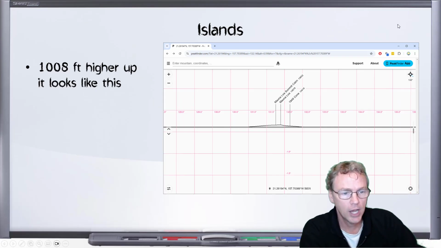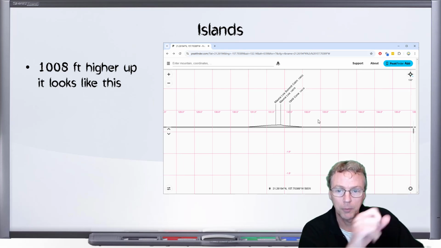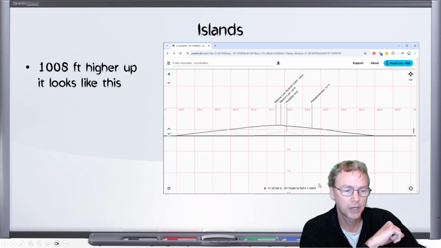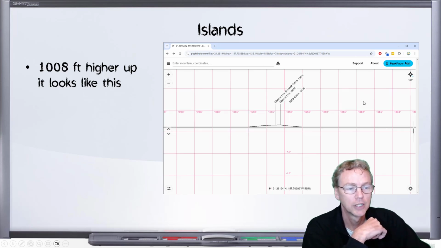Here I've got a little screenshot where I've raised my view up 1,008 feet. There we go. We're at the original 565 plus 1,008 feet. And look how we can see more now than we could before. This is it before, at 565.